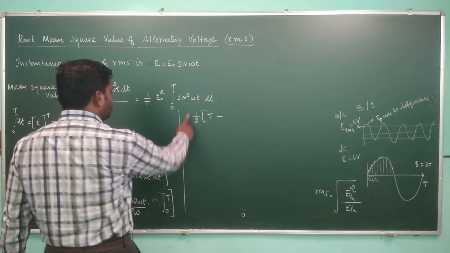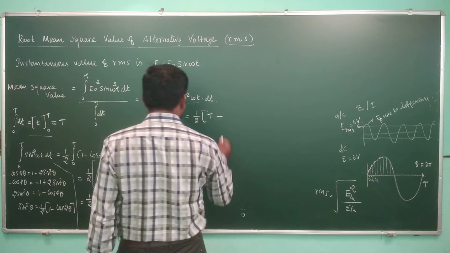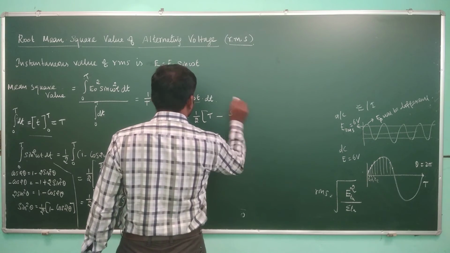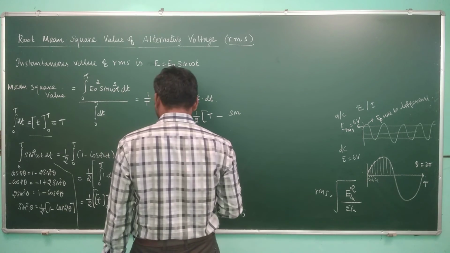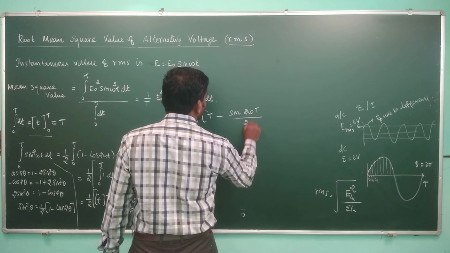Fine. So 1 by 2 times t minus sine 2 omega t by 2 omega.